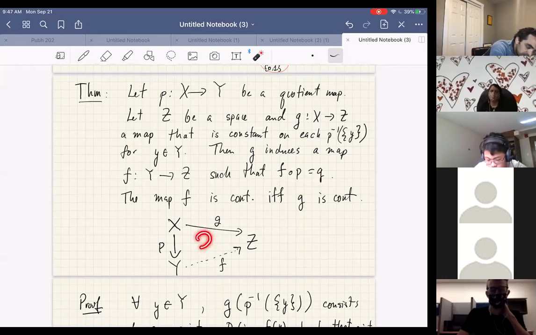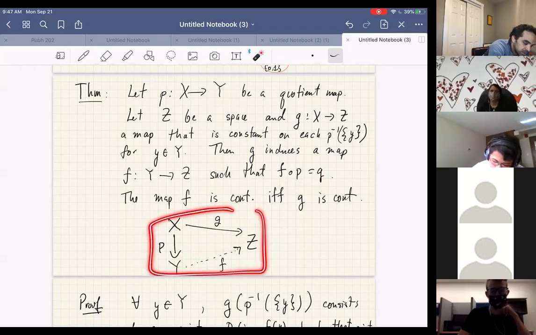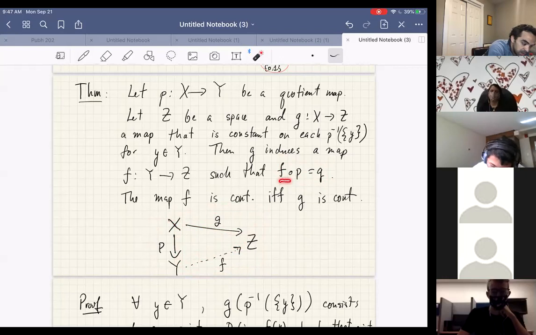Sometimes we write it with a curved arrow in this way. It commutes because going from X to Z following that composition is the same as going from X to Z using this other map. So this is just a picture to describe this: this composition equals this map. Okay.